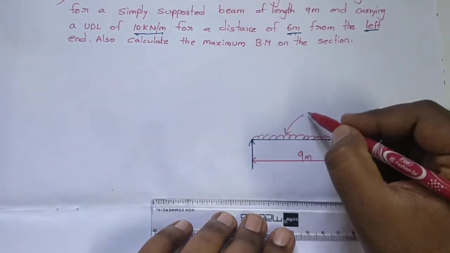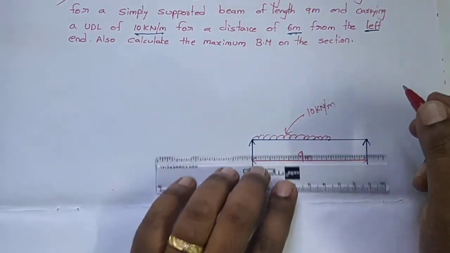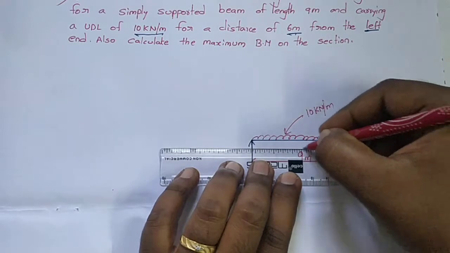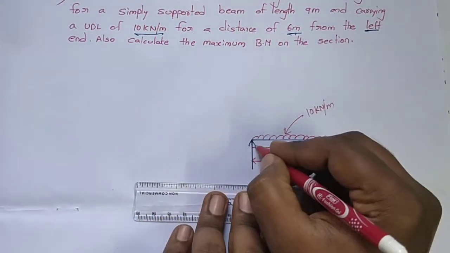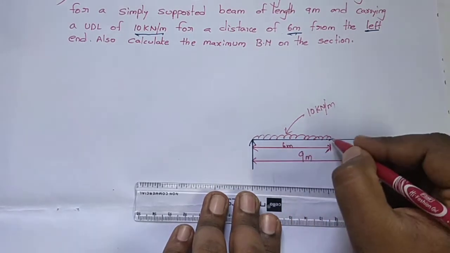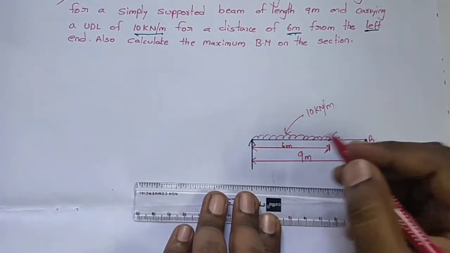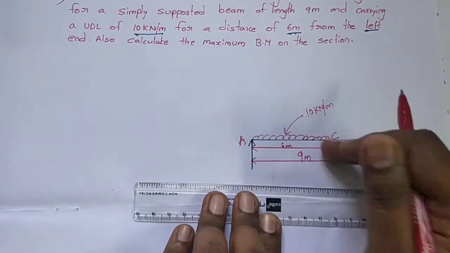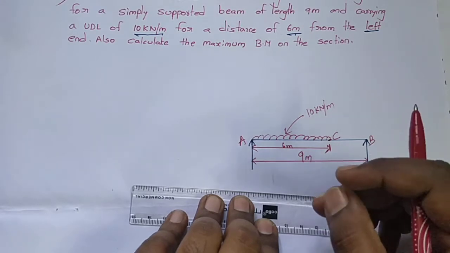The load value is 10 kilonewton per meter. The distance from this point to this point is 6 meters. This point is B, this point is C and this one is A. For this beam we need to draw the shear force and bending moment.